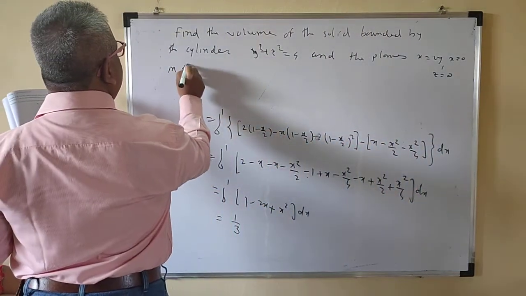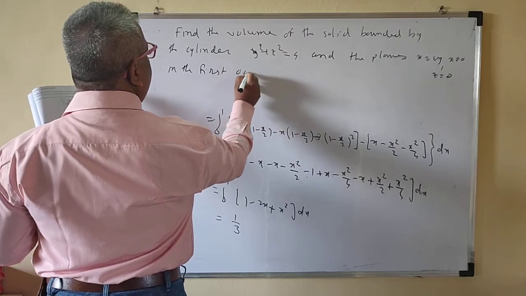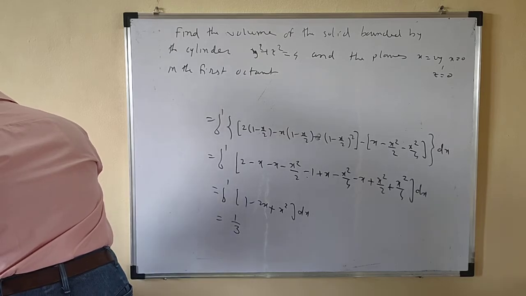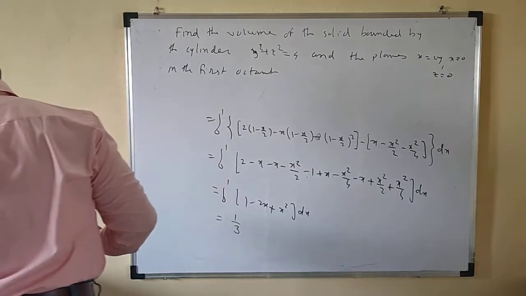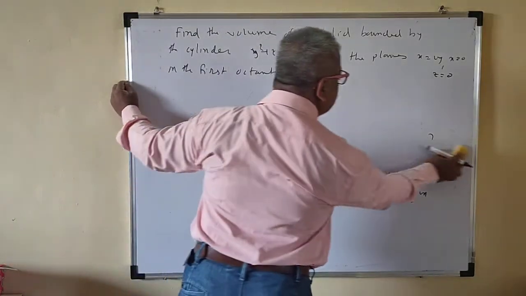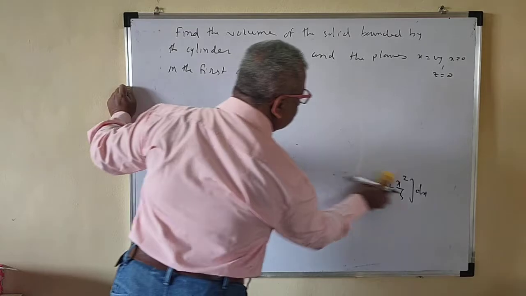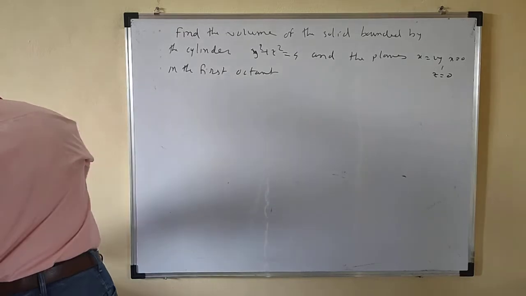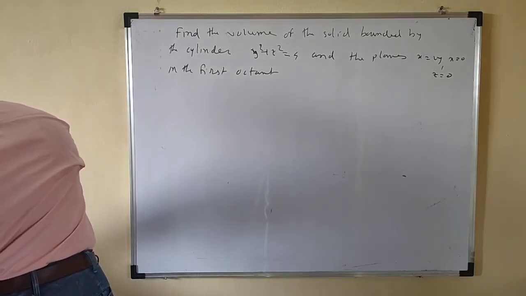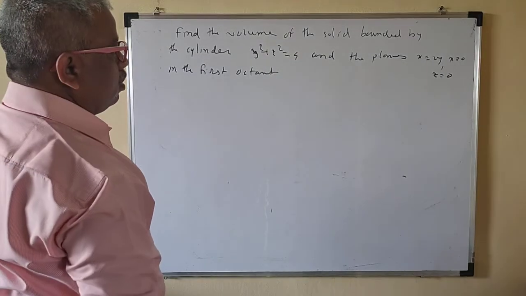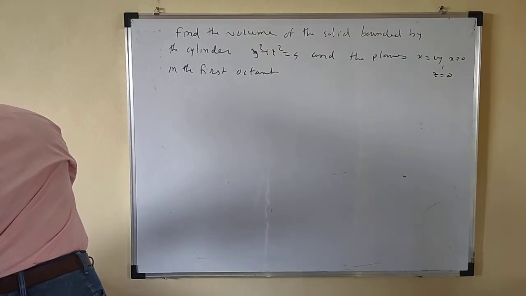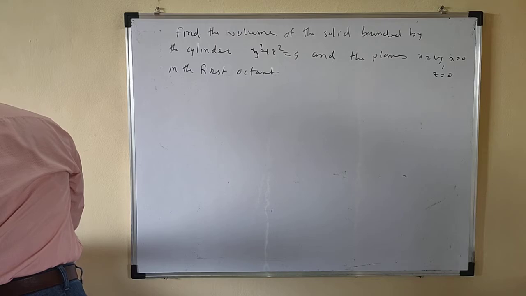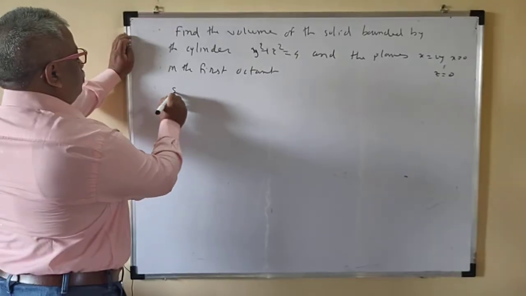This is the first option. X is equal to twice y. Okay, solution.